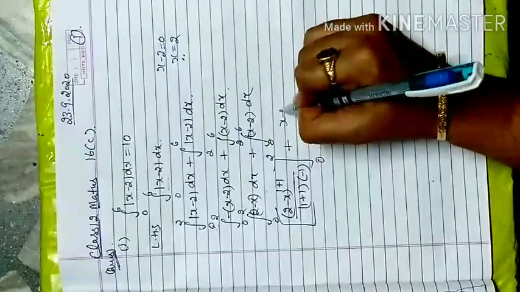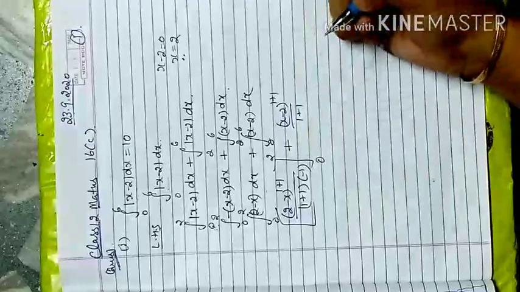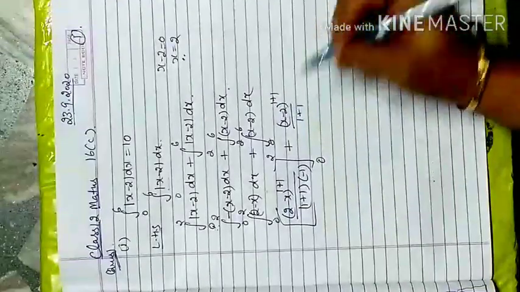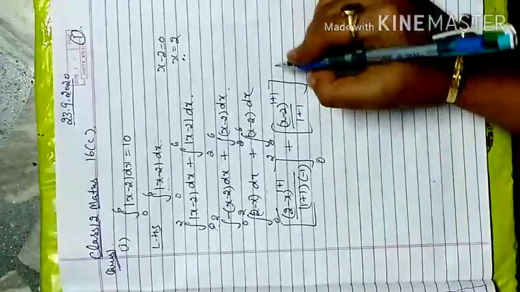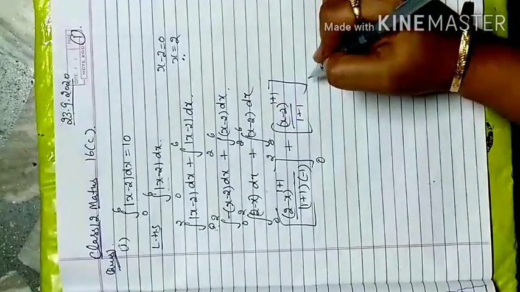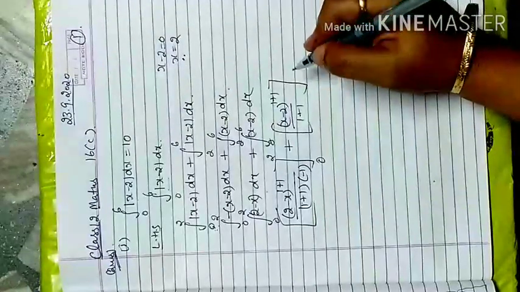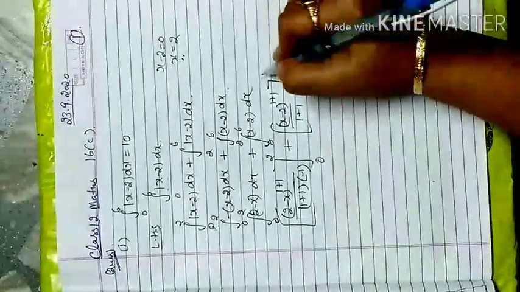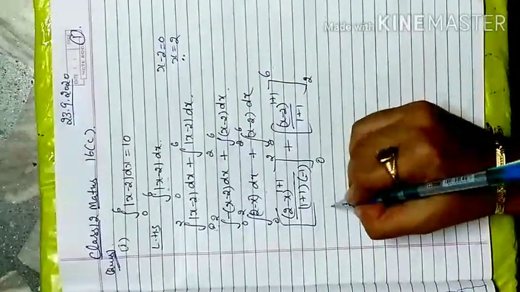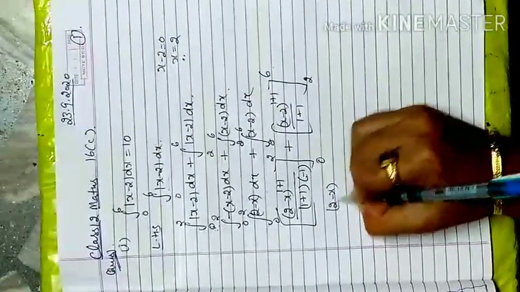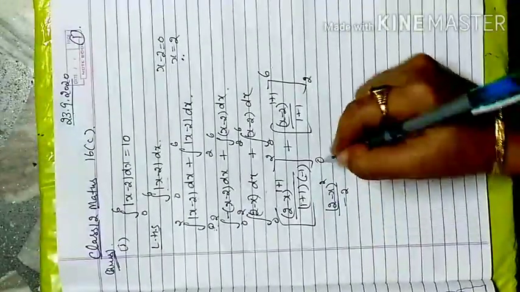Here also x minus 2 raised to 1 plus 1, then the differentiation of x minus 2 is 1, so we would write it in the denominator, and if it is 1 there is no need to write, because any term multiplied with 1 is the same term. So if you solve this, this will be 2 minus x raised to power 2 and minus 2.